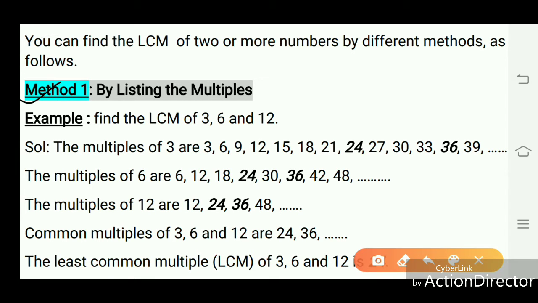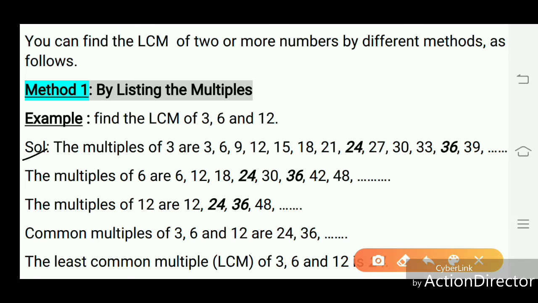Method number 1: by listing the multiples. Example: find the LCM of 3, 6 and 12. Solution: the multiples of 3 are 3, 6, 9, 12, 15, 18, 21, 24, 27, 30 and so on.